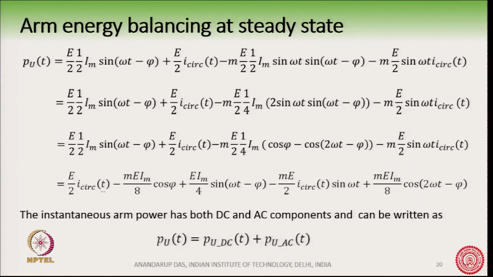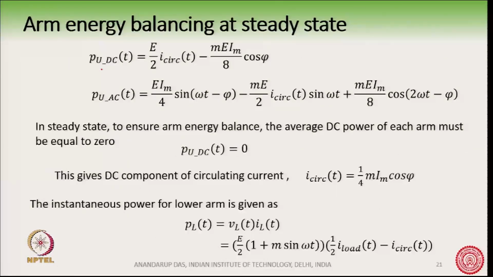What are the DC terms here? We collect this one here, this is the DC component, and then we have the AC components here. So, the DC component is this much and these are the AC components.